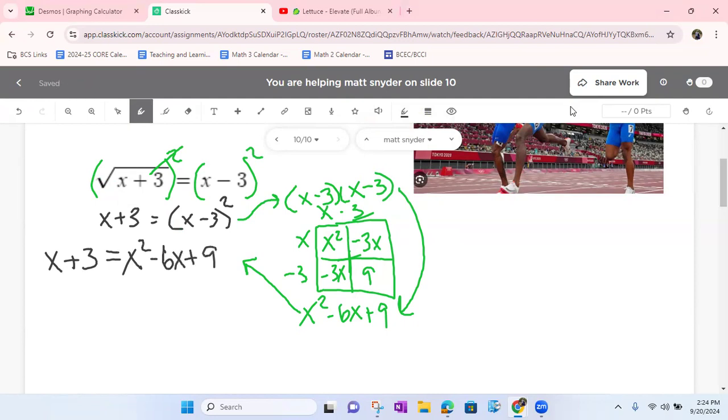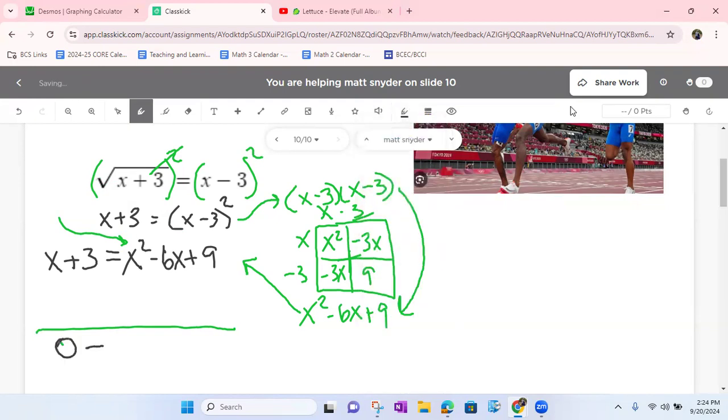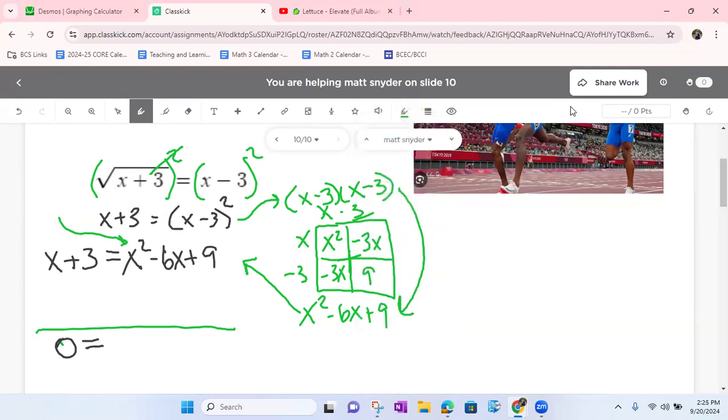Okay, and you're going to notice, hopefully, that we have a quadratic. There's that squared that tells us it's a quadratic. Well, what do we need to do to solve a quadratic? We need to set it equal to 0. So I need it to say 0 equals the quadratic. How are we going to do that? We're going to get rid of that x plus 3. In order to do that, we're going to get rid of the positive x with a minus x, and line it up underneath that same linear term.